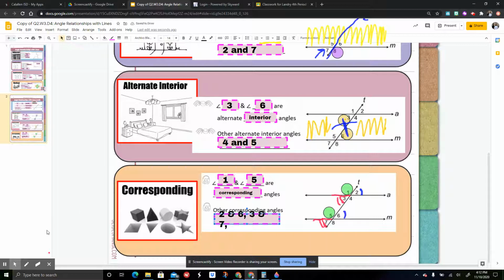And then you probably already guessed the last one. To the right of the transversal, but underneath, is 4 and 8.